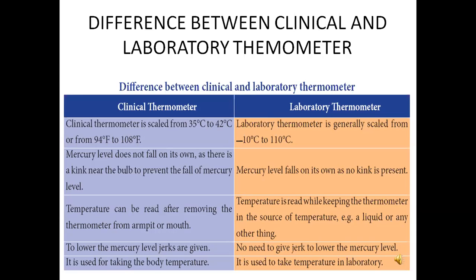In a laboratory thermometer, the temperature is read while keeping the thermometer in the source of temperature, for example, a liquid or any other thing. In a clinical thermometer, to lower the mercury level, jerks are given. But in a laboratory thermometer, there is no need to give jerks to lower the mercury level.